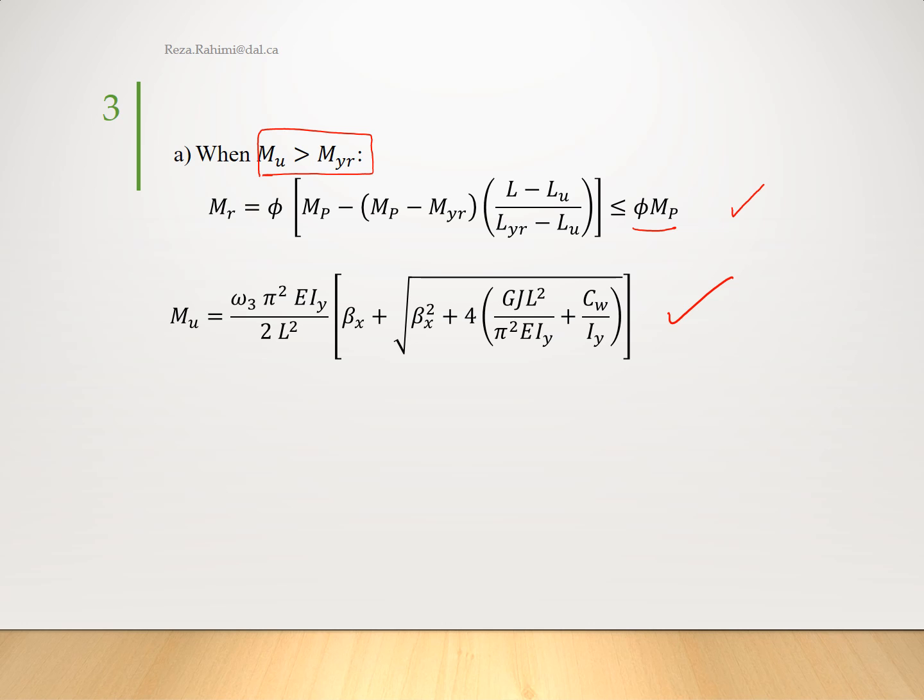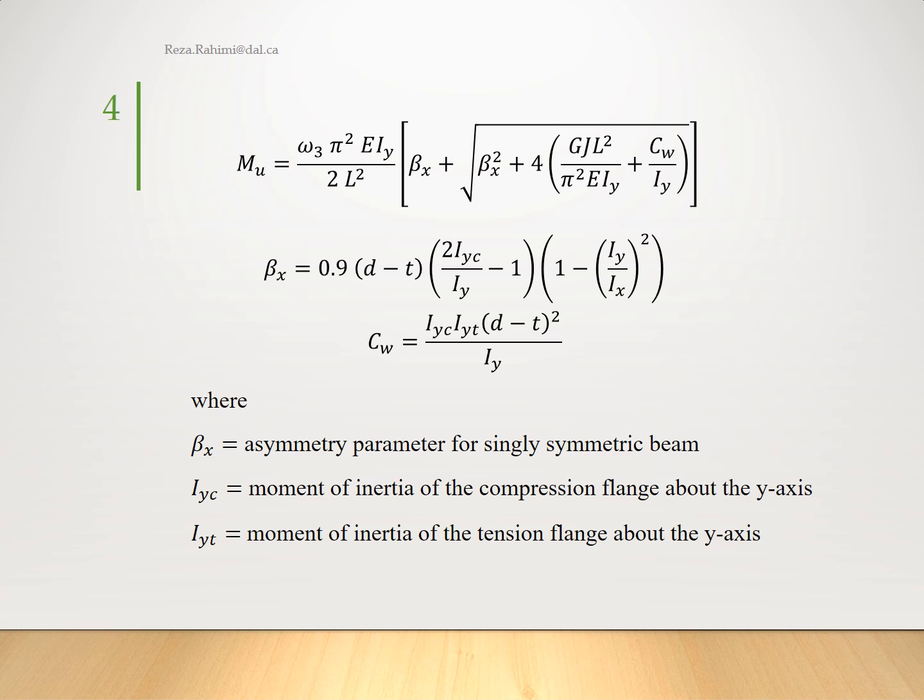Now we're going to discuss this formula. For Mu, we're defining a new parameter, omega 3, beta x, and we have to calculate Cw for this. Or if there is a section in the code, we can just read Cw from the code. Beta x is the asymmetry parameter for singly symmetric beams, which is calculated like this.